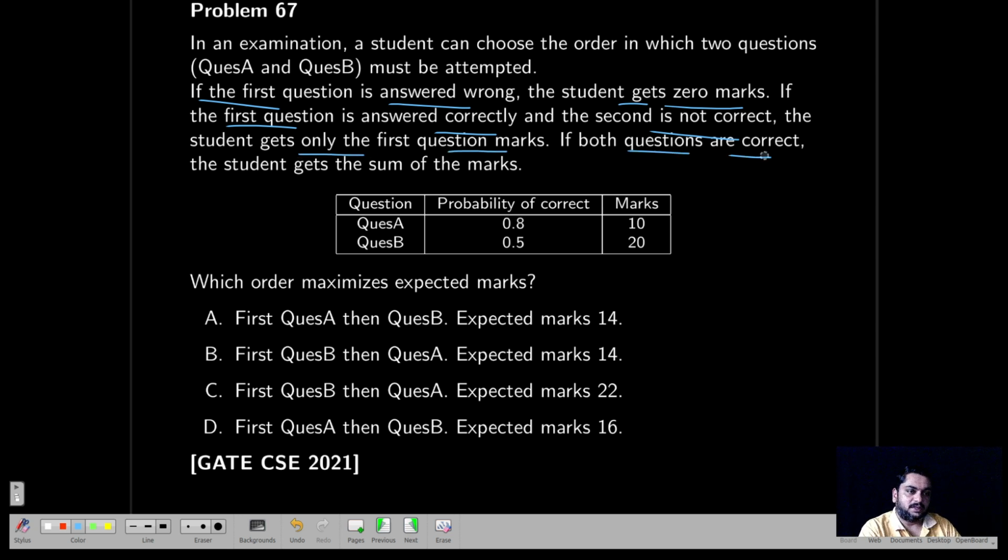If both questions are correct, the student gets the sum of the marks. The probabilities of answering correctly and the marks awarded for each question are given. In which order should they attempt the questions to maximize the expected marks? There are only two possible combinations.